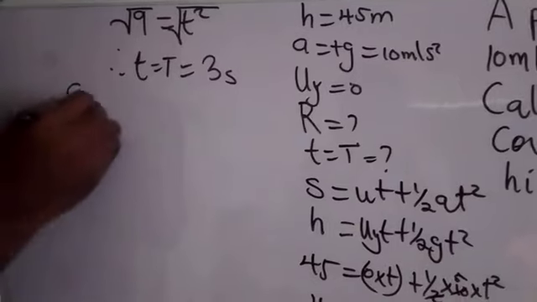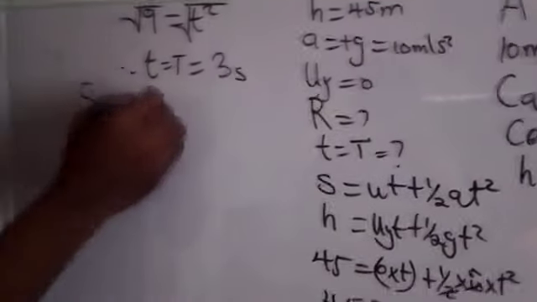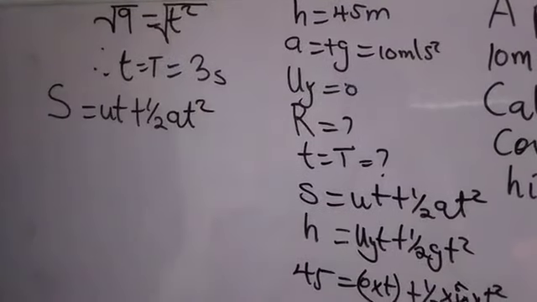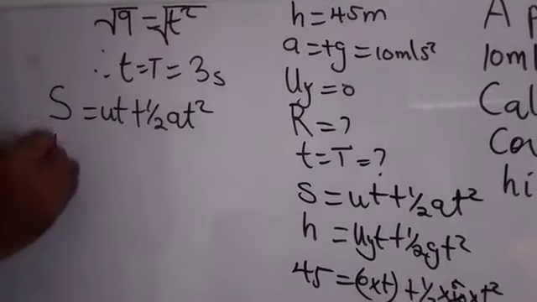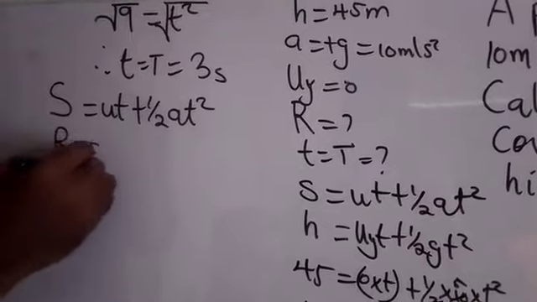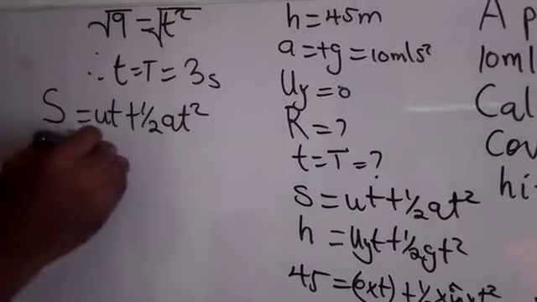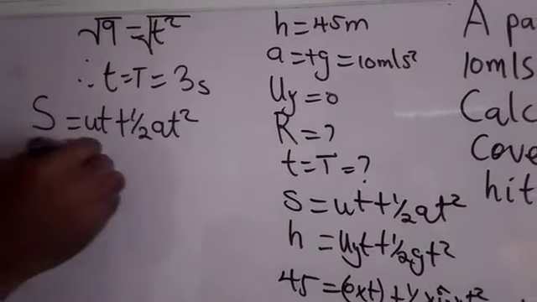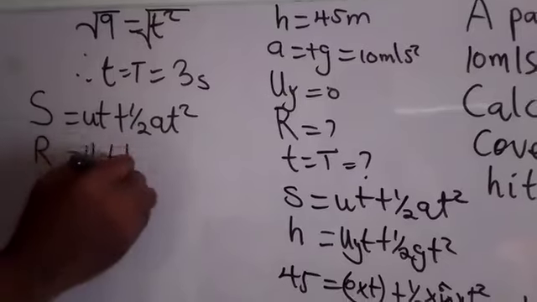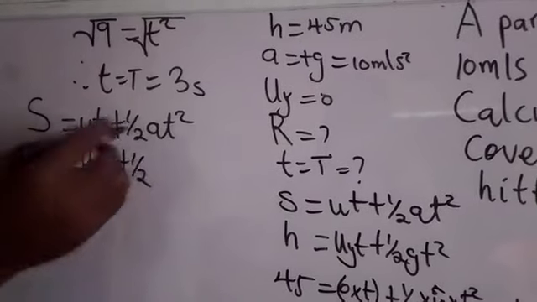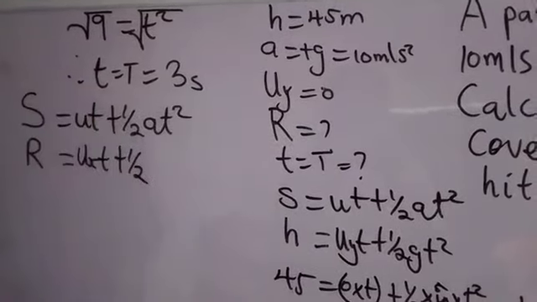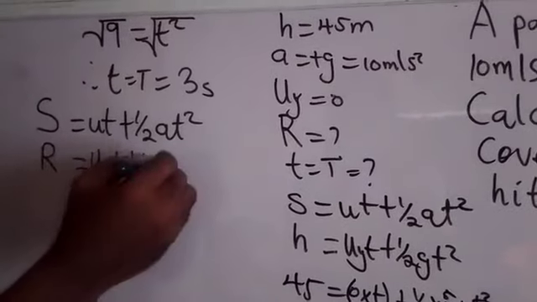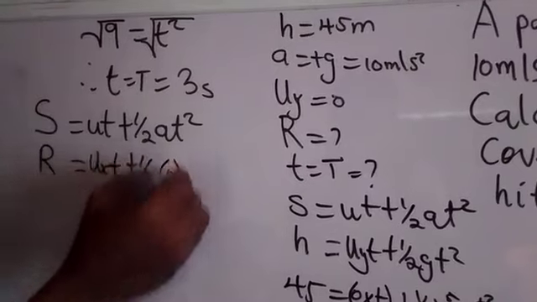Equally using this, s equal to ut plus half at squared. The distance s is the range we're looking for, horizontal direction. We're going to use ux, initial horizontal velocity, multiplied by t plus half a, where a is acceleration due to gravity, but it does not affect horizontal motion, so we're going to use it as 0.